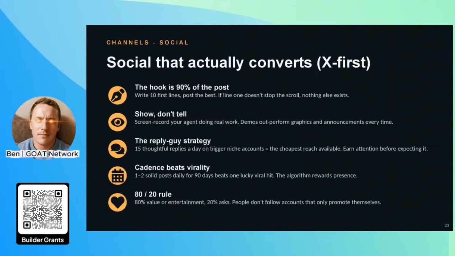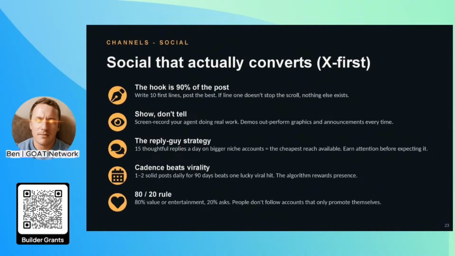As I mentioned earlier, with socials, I personally recommend being X first, because that's essentially where these industries that we're involved with live. It's where most people get their daily content fix. And you've got to focus on hooks.